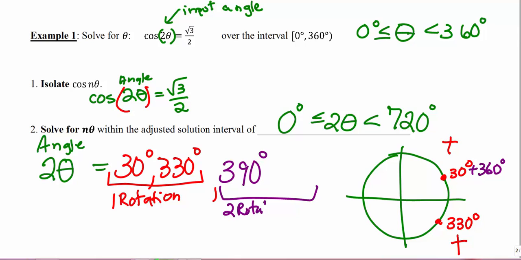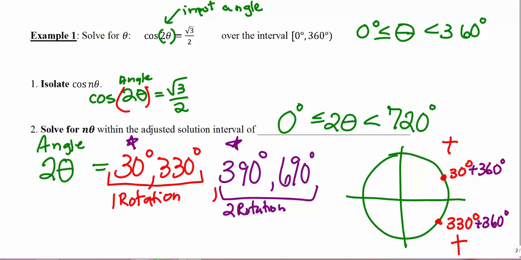Notice that these 2 angles are coterminal angles, one rotation around, second rotation around. For 330, we want a coterminal angle to that one as well for the second time around the circle. So we add 360, and we get 690 degrees.